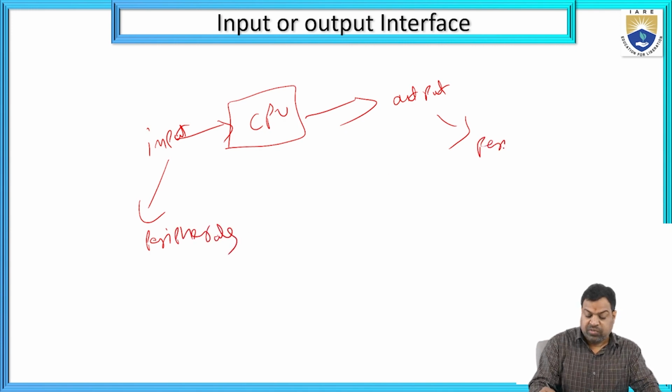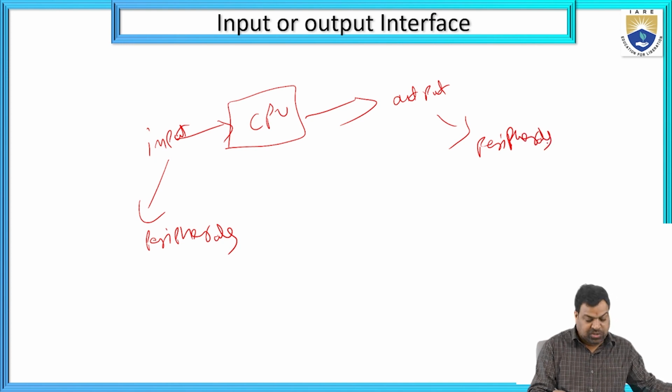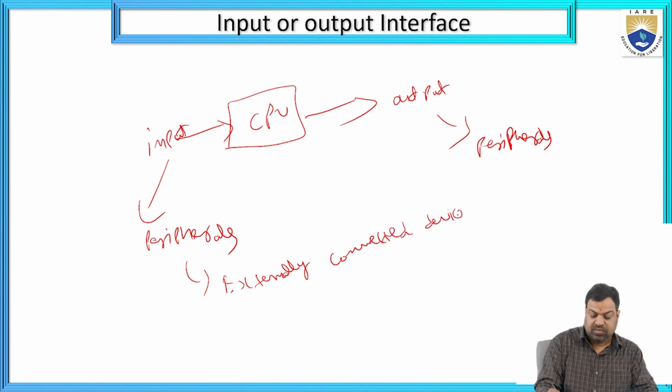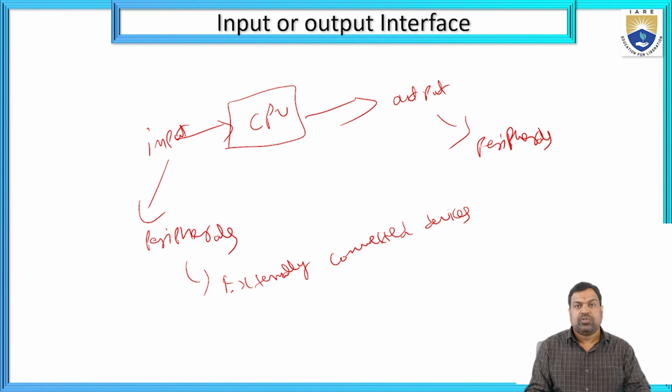So what are peripherals? Peripherals means externally connected devices. So input and outputs of the CPU are called peripherals.